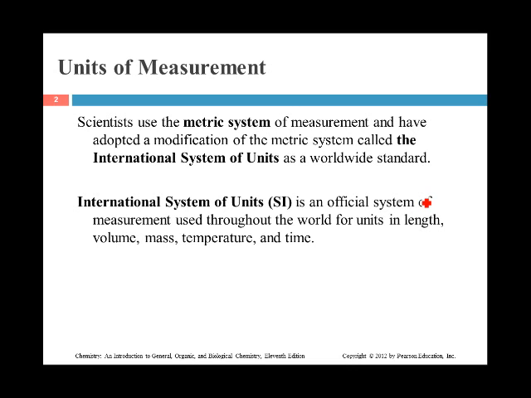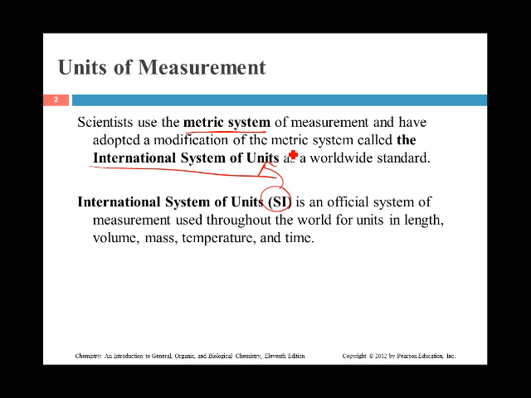So when we start talking about measurements, scientists use both the metric system and the International System of Units, which is also called SI units. The metric system has been around a lot longer than the SI units have, and so that's why biologists especially use this more than chemists or physicists. For instance, when we talk about biological functions, a lot of times they'll talk about degrees Celsius.